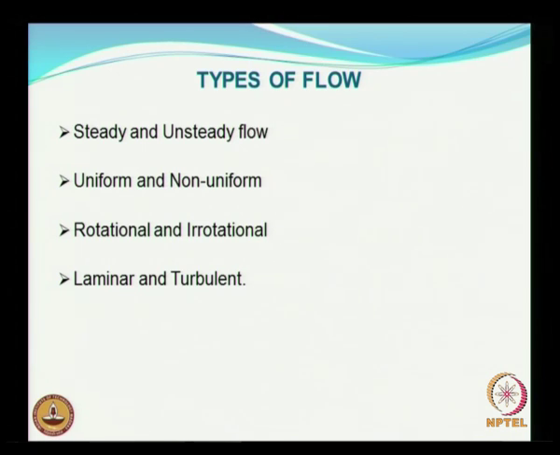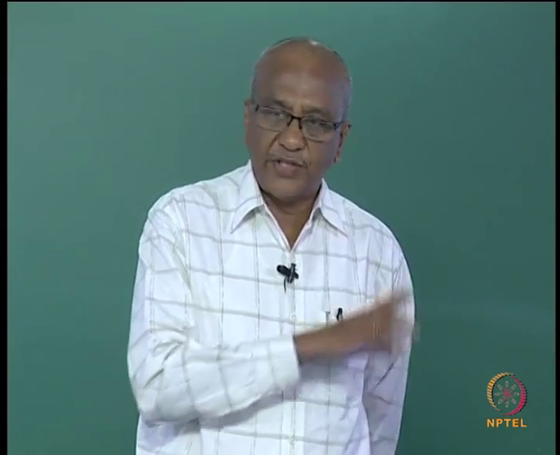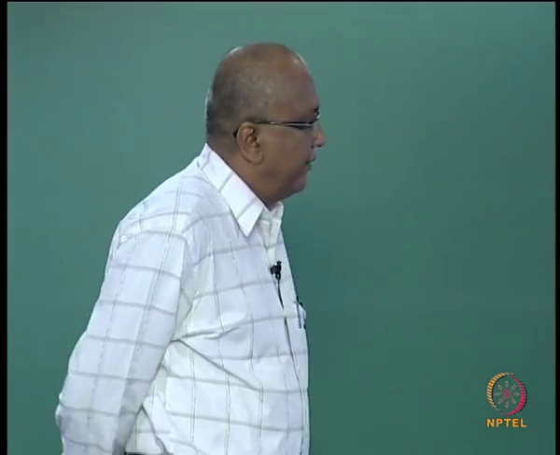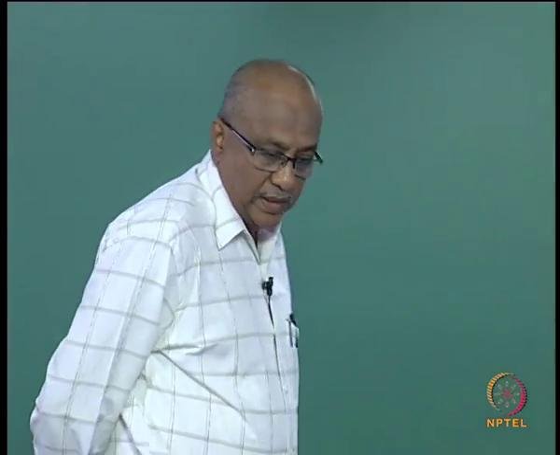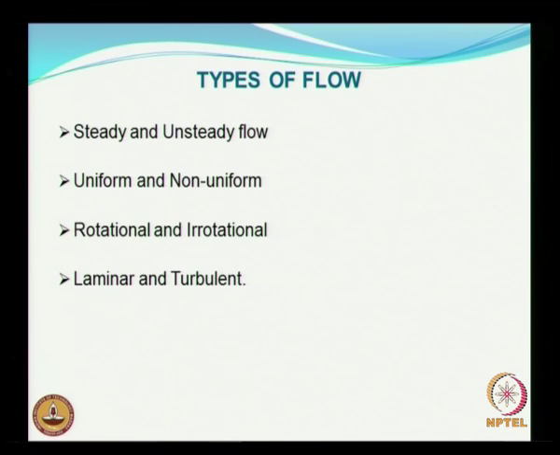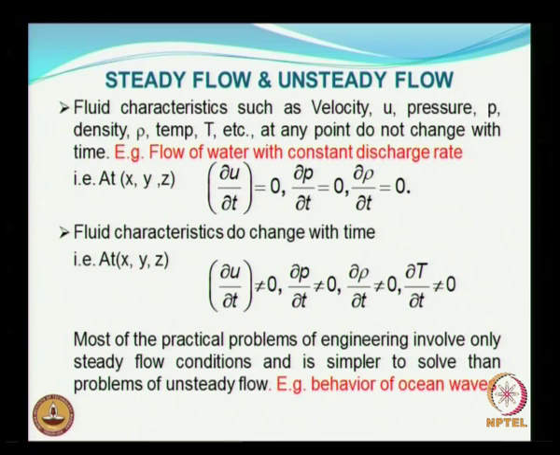Remember, these are flows. What we had seen earlier is the fluid, ideal and real fluid. Now flows are given here in 8 forms, but there are some combinations that are also possible. So we will examine the types of flow one by one.